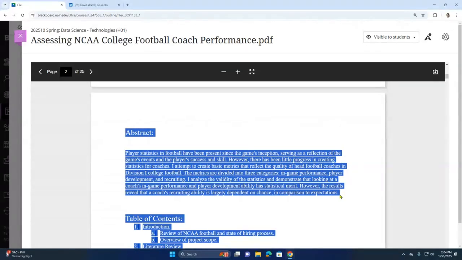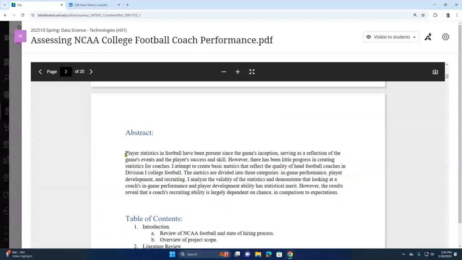But the abstract or executive summary is basically meant for if somebody doesn't have the time to read your full report. Do you have a one-page, half-page, paragraph, or some quick summary so that they get a sense of what you do?